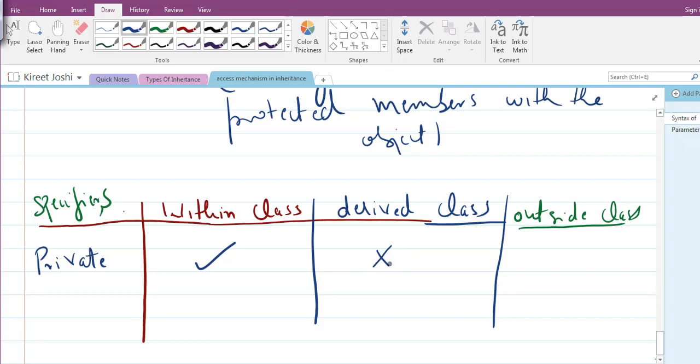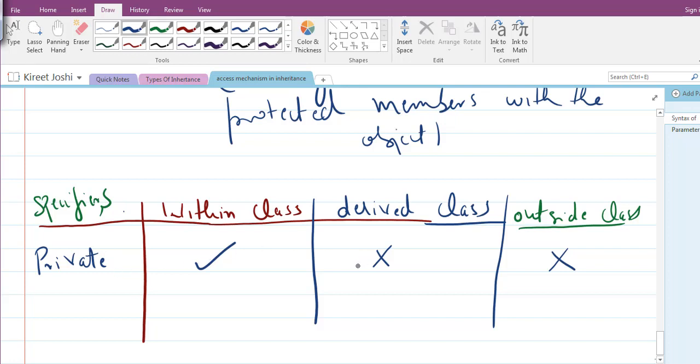So in the derived class the private members are not accessible, and also outside the class we cannot access the private members. It is clear that if members are declared as private, they can be accessed only within the class.